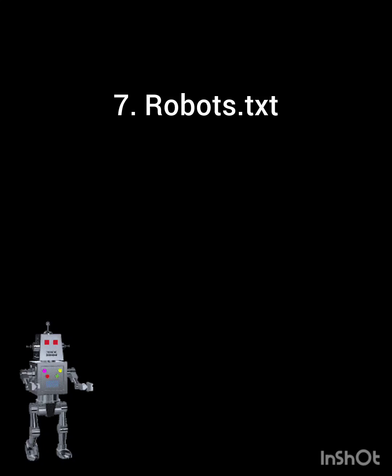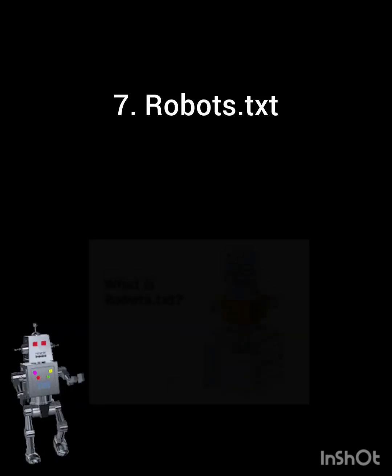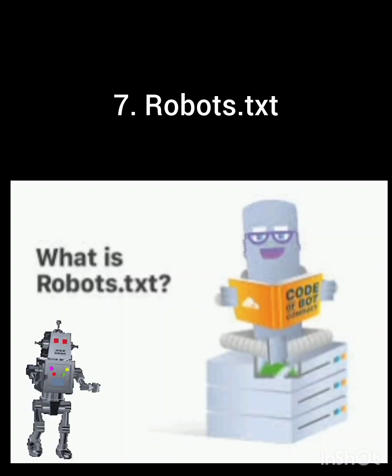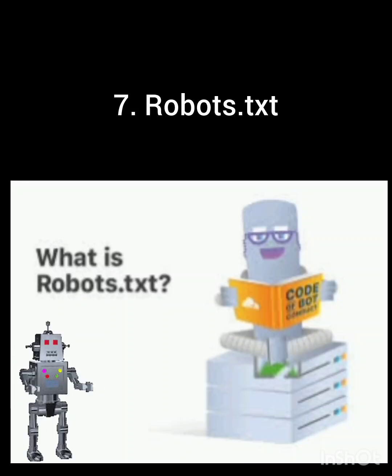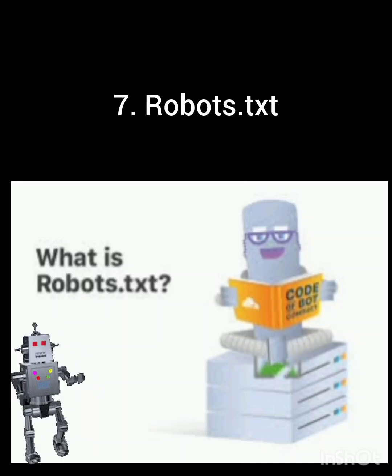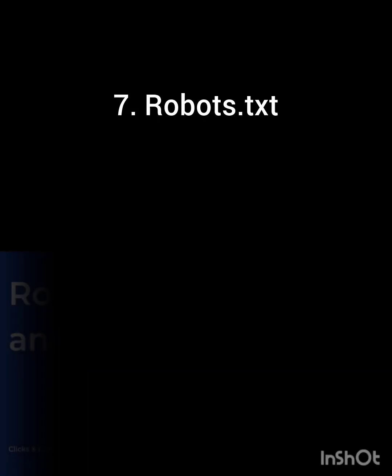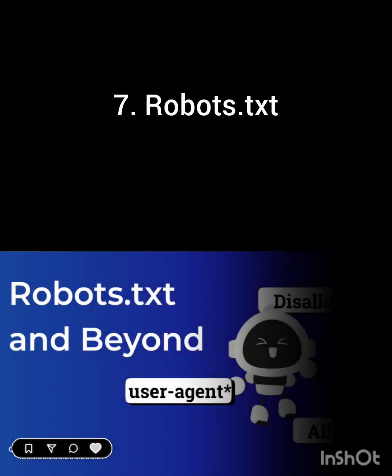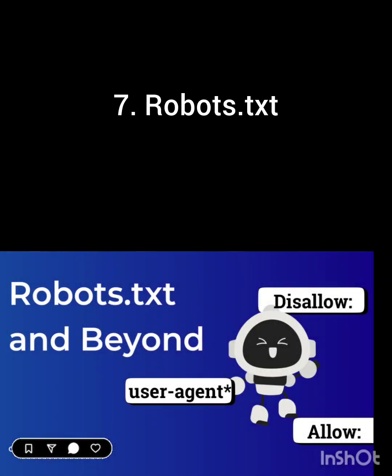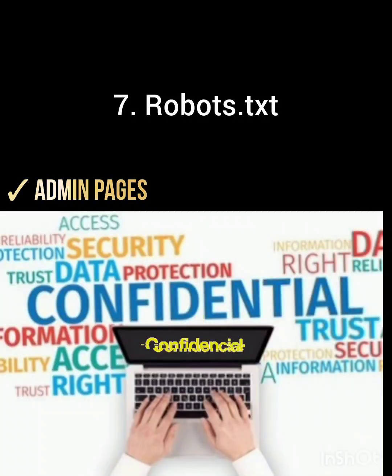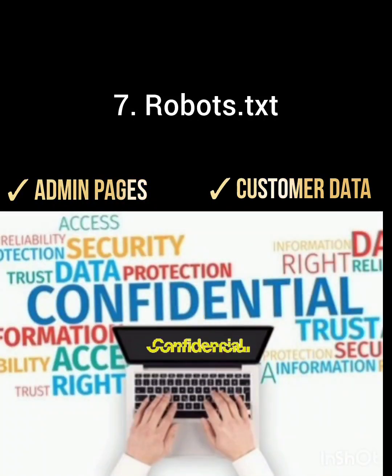Number 7 in technical SEO is the robots.txt file, which is basically permission for search engines to crawl pages, and it also puts restrictions for search engines to allow or disallow page crawling and indexing, because some of the website pages, some of the content on your website is very confidential, like your admin pages or information about customers and transactions.